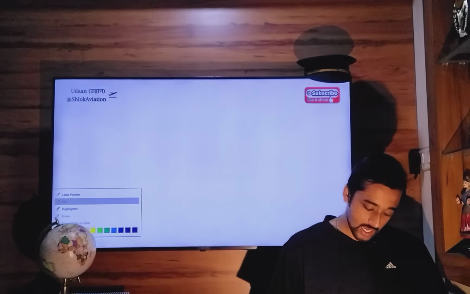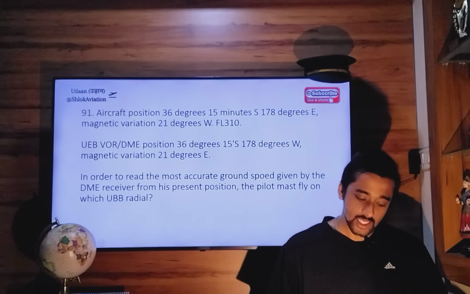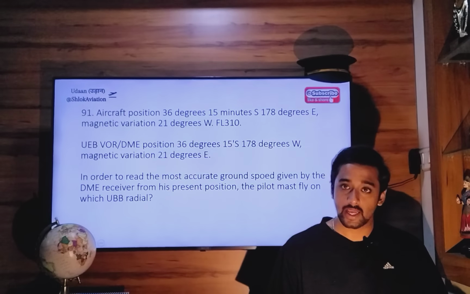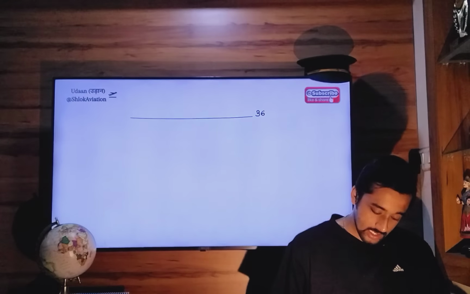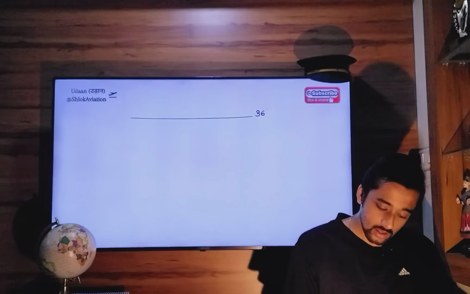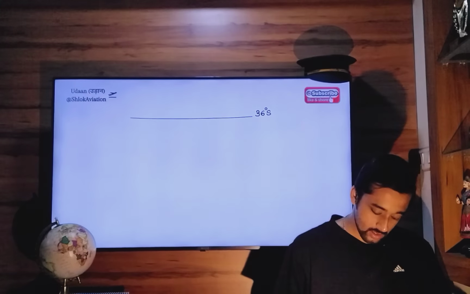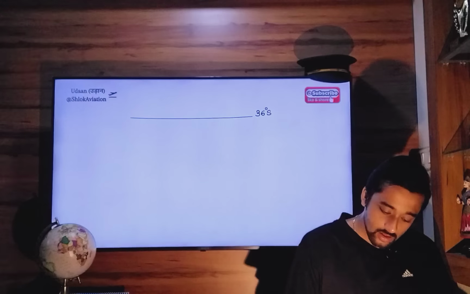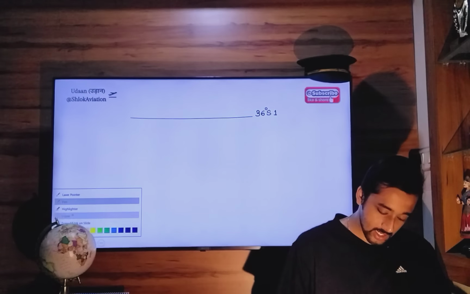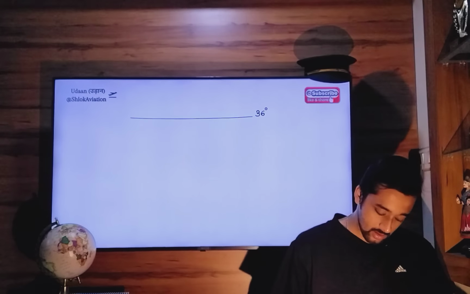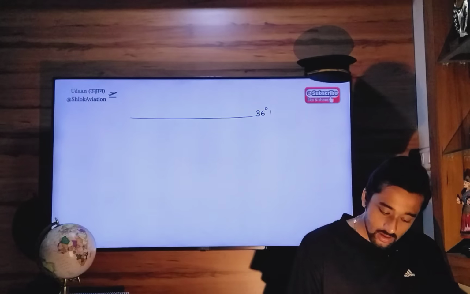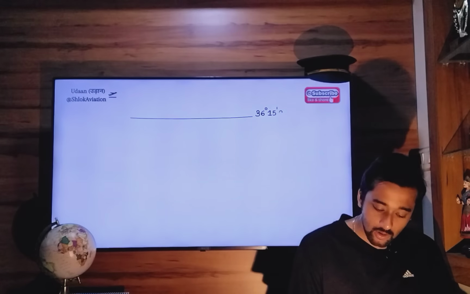So let's plot this diagram. 36 degrees 15 minutes south, 178 degrees east. So that means both aircraft and VOR are at the same latitude, 36 degrees 15 minutes south.